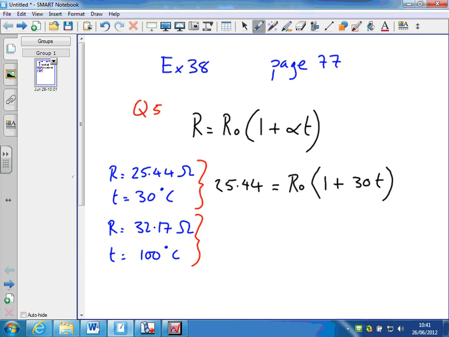So that's equation number 1. And then the second equation from the second scenario, 32.17 equals R0 into 1 plus 100T. So that's equation number 1 and equation number 2.